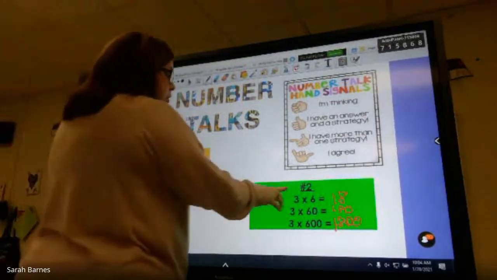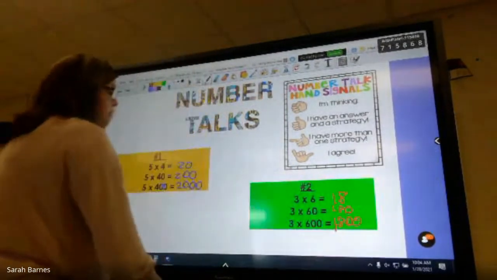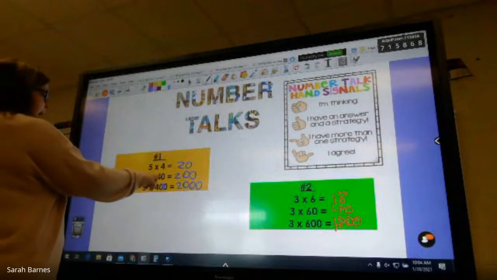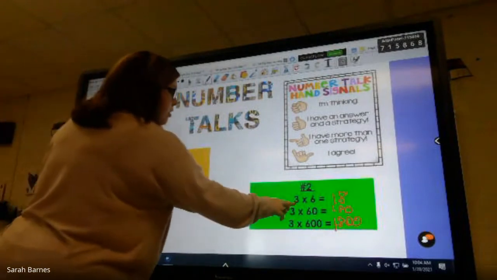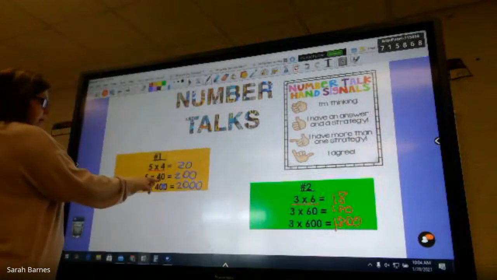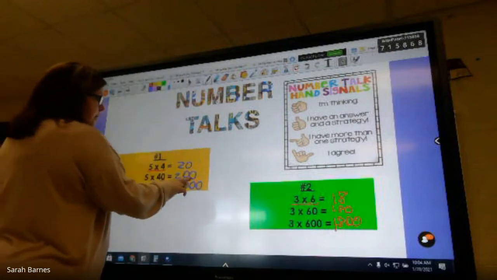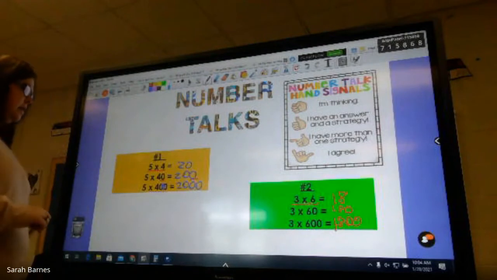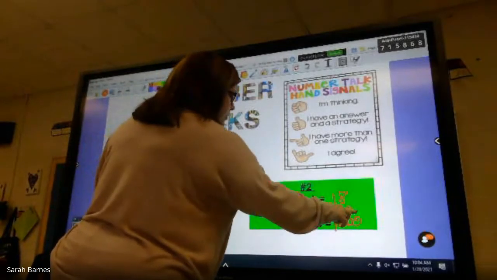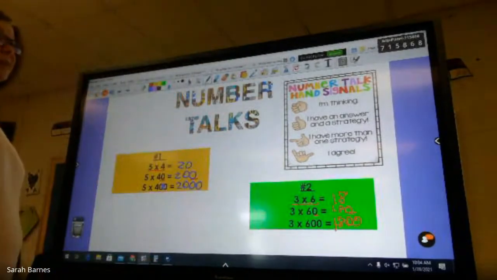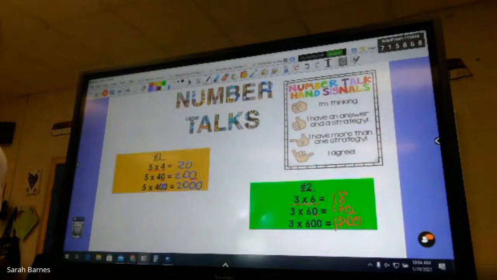Okay, so we notice that with each 0, we added on to the original number here and here. We added a 0 here. We add a 0 here. Do you guys see that? When we add a 0 here, we add a 0 here. That's just a little neat trick to help you with your multiplication, okay?